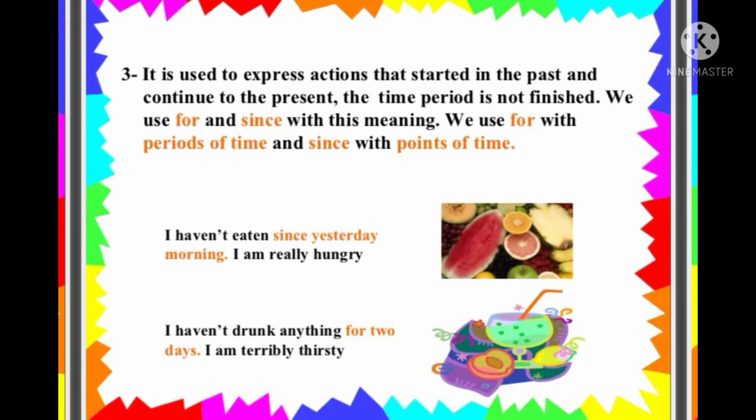Okay, and in perfect tenses we use for and since, and already; the event started in the past, still it continues. In such sentences we use present perfect tense. I haven't eaten since yesterday morning means now also I haven't eaten. I haven't drunk anything for 2 days means now also I haven't drunk.